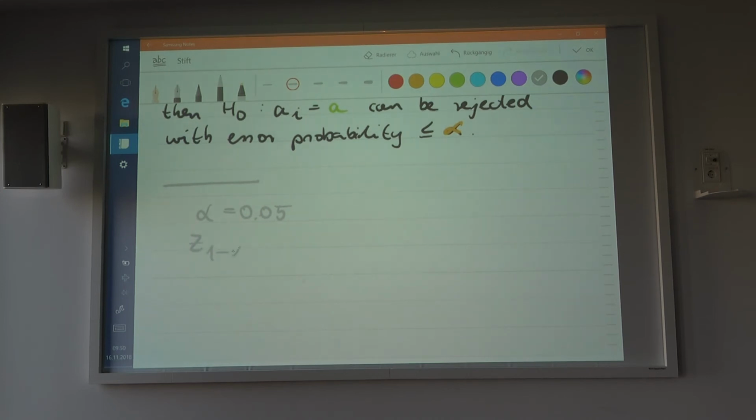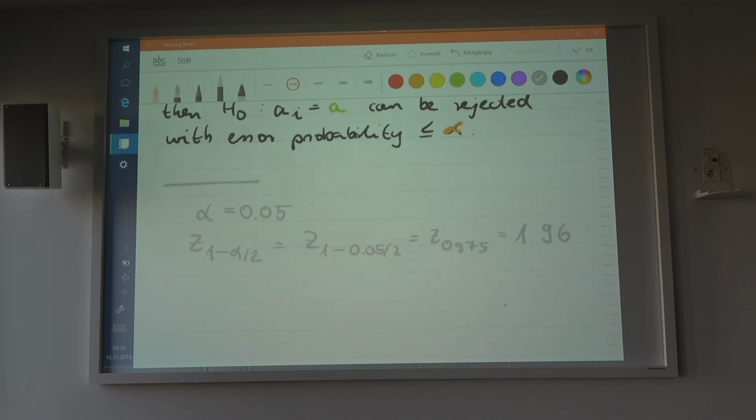Then 1 minus alpha half is 1 minus 0.05 half. 0.05 is 5%, so half of 5% is 2.5%, and 1 minus 2.5% is 0.975, or 97.5%. And the 0.975 quantile of the standard normal distribution, we had this in the MATLAB class, is 1.96.